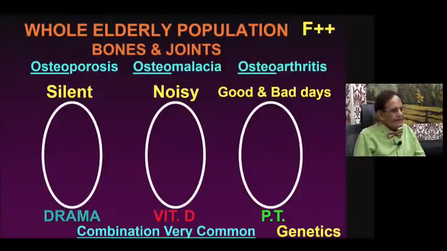While the third disease, osteoarthritis, ideally should be called osteoarthrosis, is a disease where everybody is going to get it when you grow old. And it's going to increase as you grow older and older. The symptom, which is pain, has good and bad days. Some days are good, some days are bad.